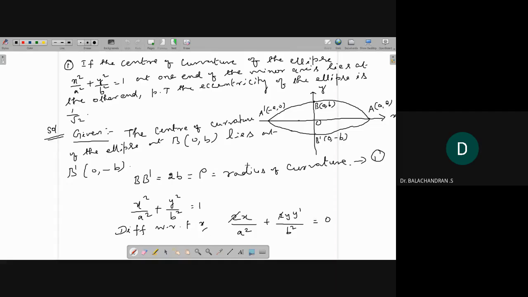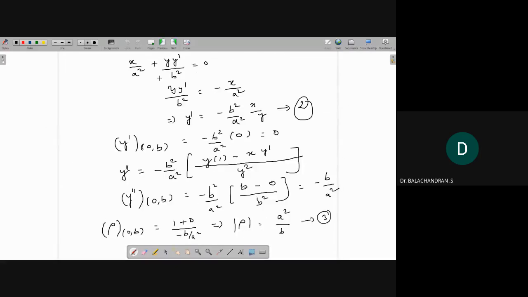From this we can find the first derivative y dash. So y dash divided by b square equal to minus x by a square. From this y dash is equal to minus b square divided by a square into x divided by y. I call this equation number 2.